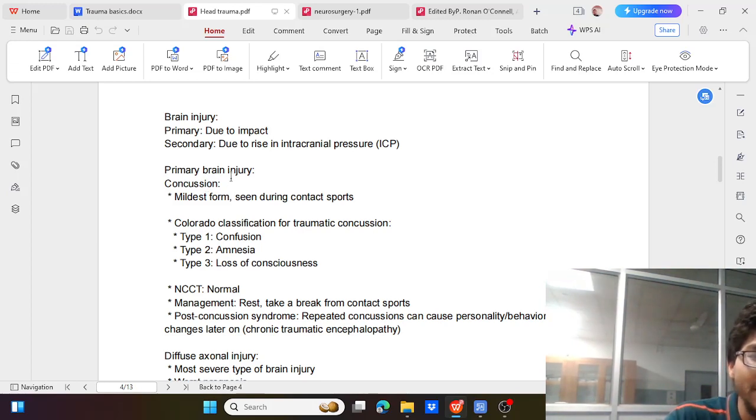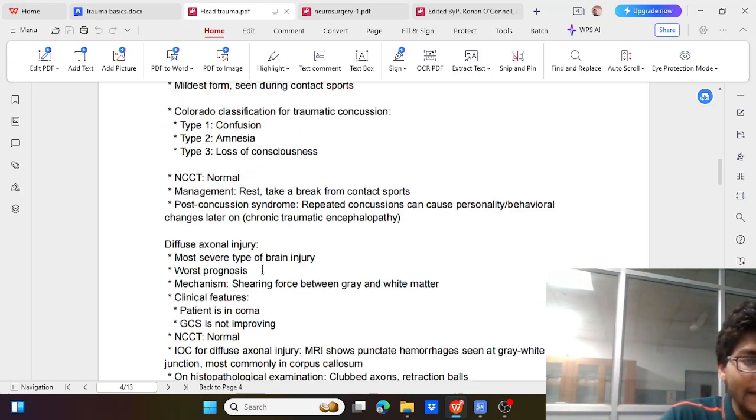First is concussion, as we have seen, the mildest form of head injury, generally seen in contact sports like boxing. We have the Colorado classification for traumatic concussion, where in type 1 there will be confusion, in type 2 there will be amnesia, and in type 3 there will be loss of consciousness.